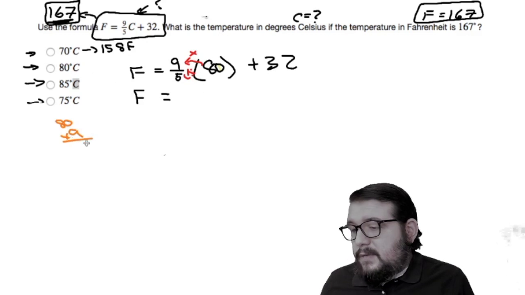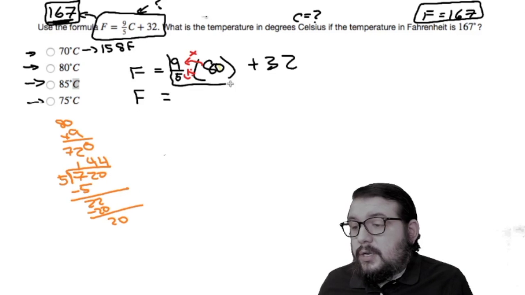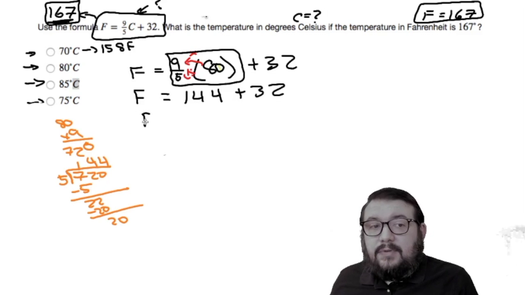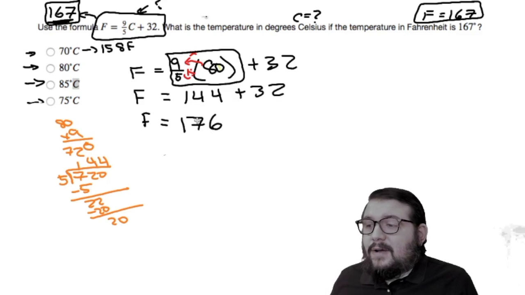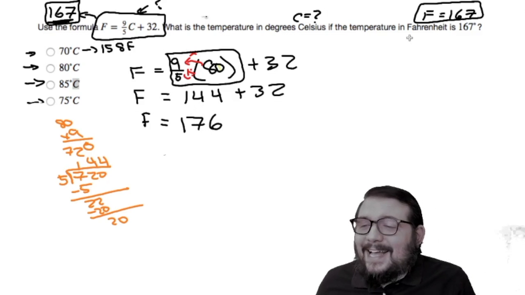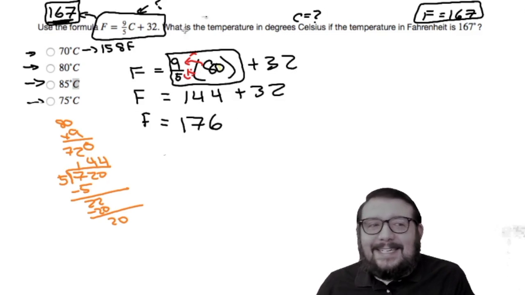Remember, times divide, 720. And then 720 divided by 5. This whole chunk, we made that 144. Now it's just an adding problem. 144 plus 32. Is that it? Oh, no. I thought that was it. No, it's not. We need 167, Grossi.